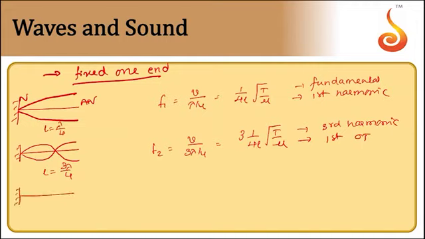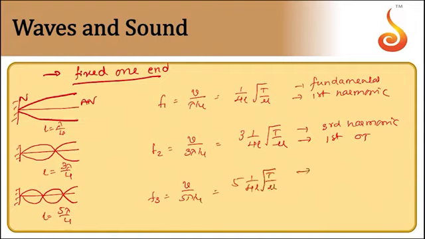In the next mode, this is what we see. L is equal to 5 lambda by 4. The frequency is V divided by 5 lambda by 4, which is 5 times 1 by 4L square root of T divided by mu. This is the fifth harmonic or second overtone.